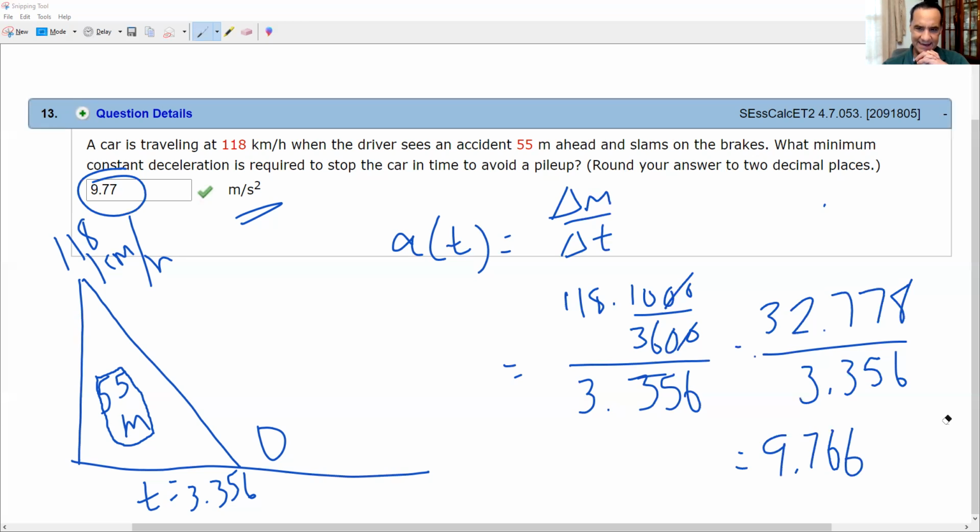That is the acceleration in meters per second squared. The reason you have per second squared is because you have meters per second on top, and you're dividing by seconds. That's where you get your second squared, and that's why we calculate acceleration.